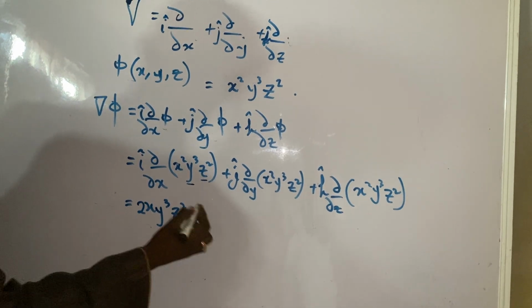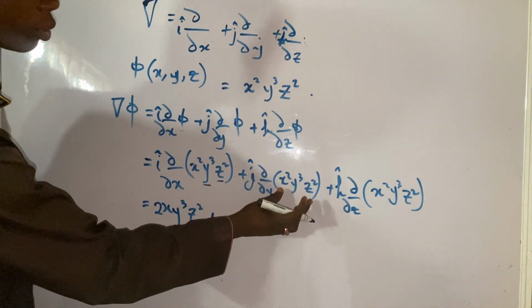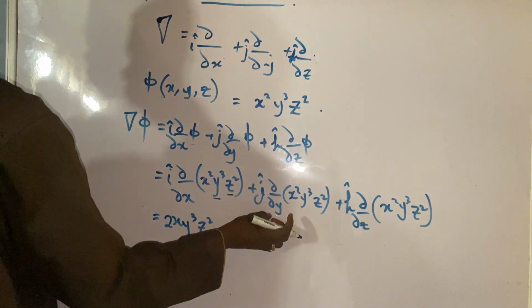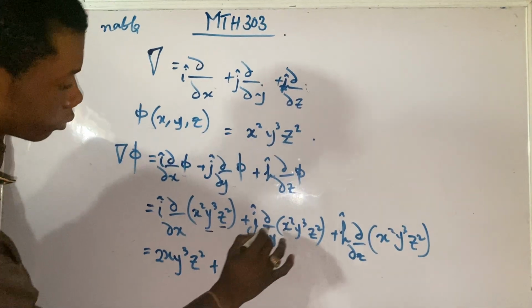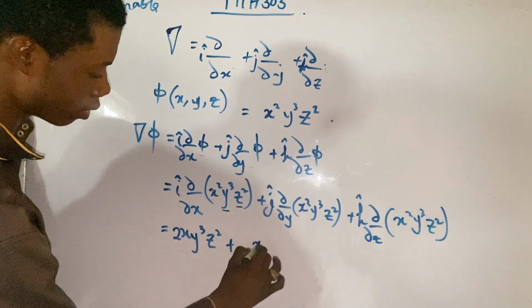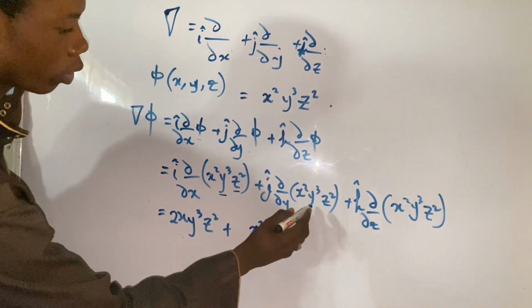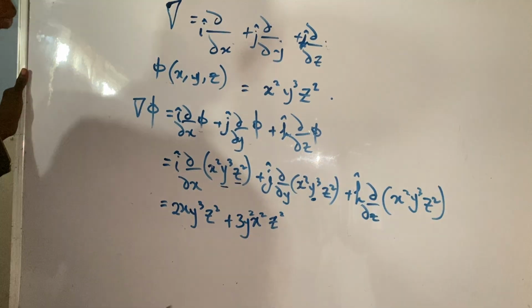We continue going. We are going to treat x and z as constants because we are differentiating with respect to y. So let's say we have here now x squared is going to be a constant, z squared is going to be a constant. Then I'll have y what? Differentiate y cubed. That is 3y squared.